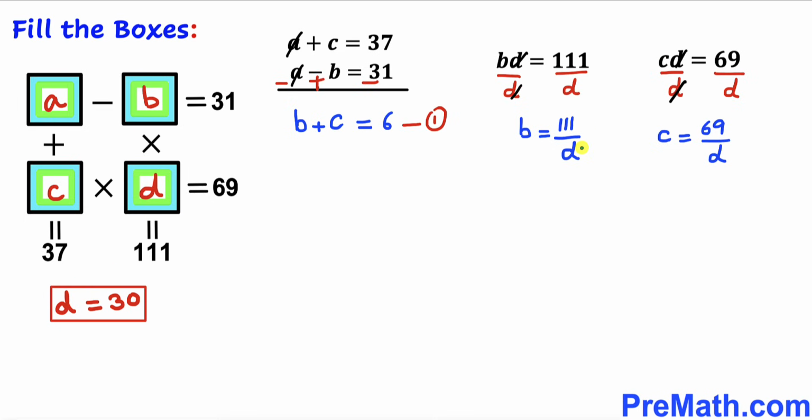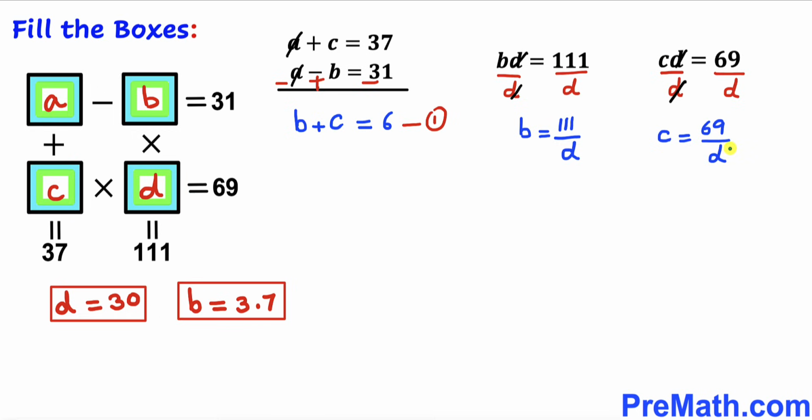Now I'm going to substitute this lowercase d value 30 over here to solve for lowercase b. So let's put down b equals 111, and I'm going to replace d with 30. If we simplify, our lowercase b value is going to be equal to 3.7.